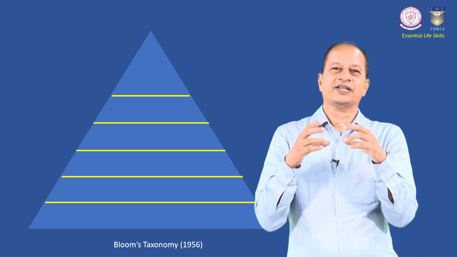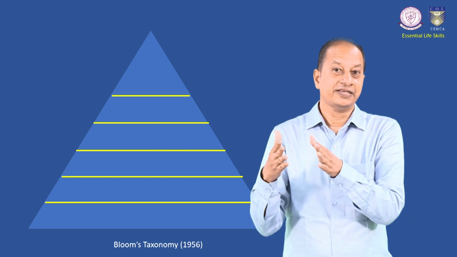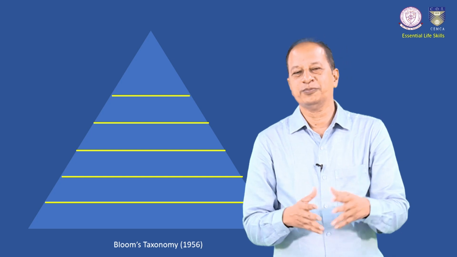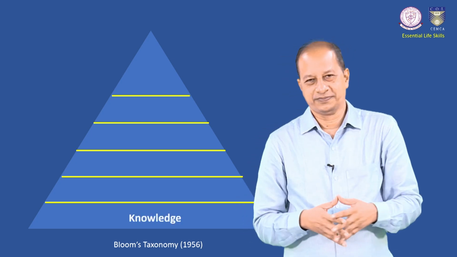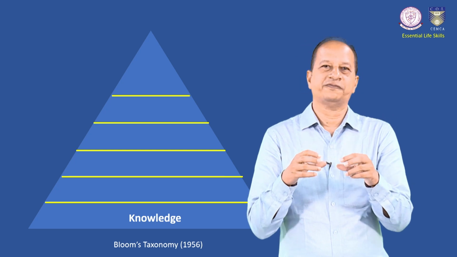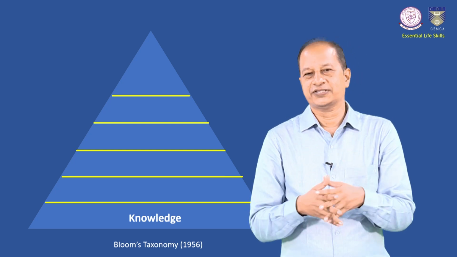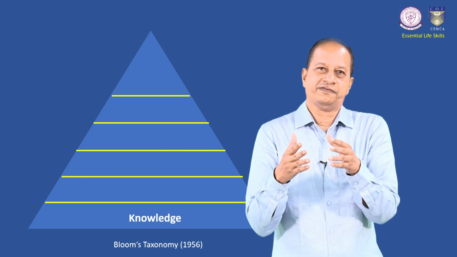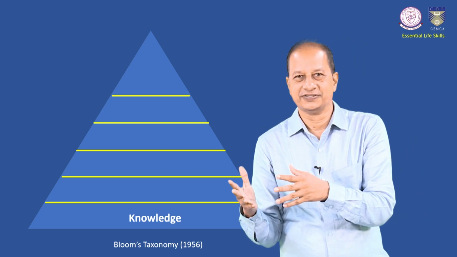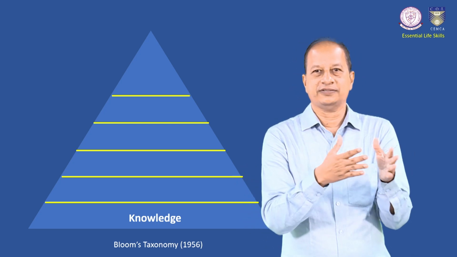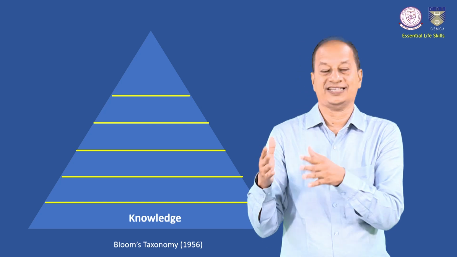The first critical component of the 1956 taxonomy given to us by Benjamin Bloom is knowledge, which involves the recall of specifics and universals, the recall of methods and processes, or the recall of a pattern, structure, or setting.